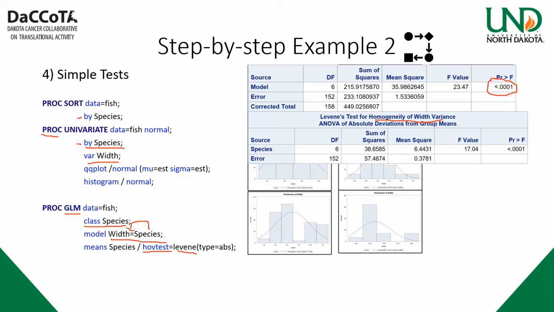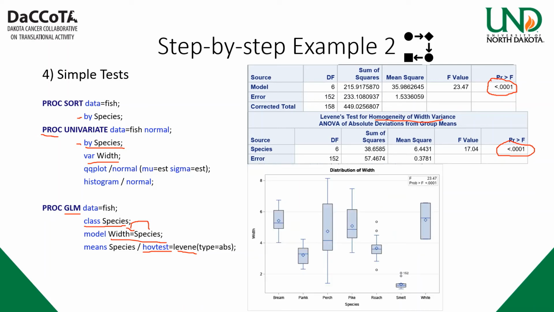If we have a significant p-value like we do here, the null hypothesis is rejected, meaning the homogeneity of variance is not met. So at least one group has different variance. Here's that plot again, and not surprisingly, this is a very small box, this is a very large box, and this box is even larger.